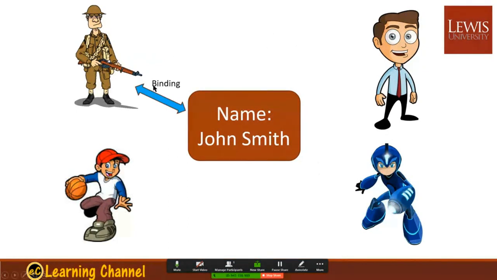Maybe this guy binds to a soldier, or a cosplay player, or an office man, or a basketball playing kid. So the name can identify different persons of different characteristics. And the binding is the association between the name and the object.